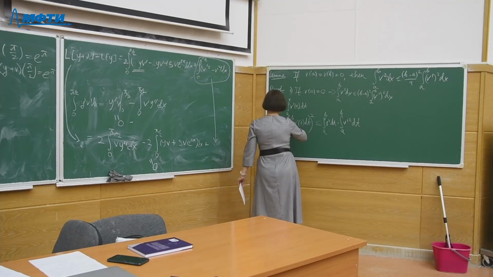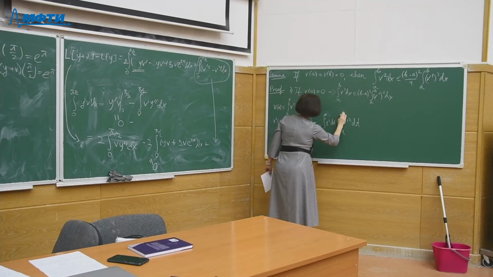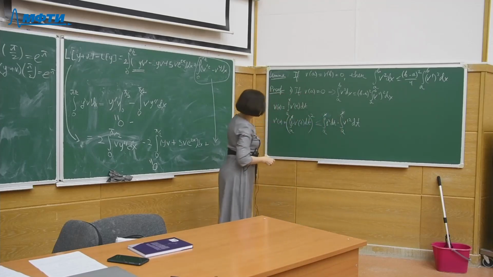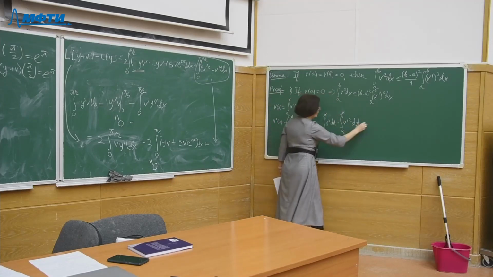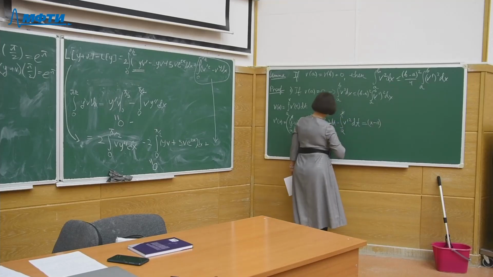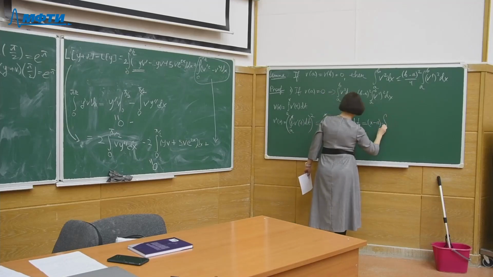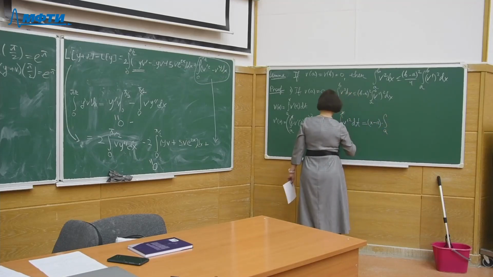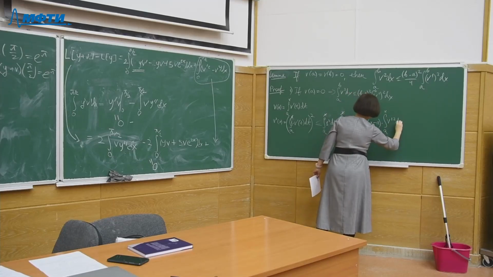It is not from a to b, but from a to x. And this can be computed: the integral of 1 is equal to x minus a, multiplied by the integral from a to x of v prime squared dt.